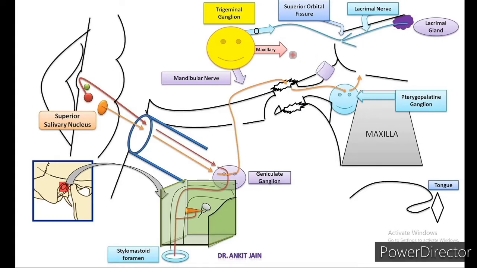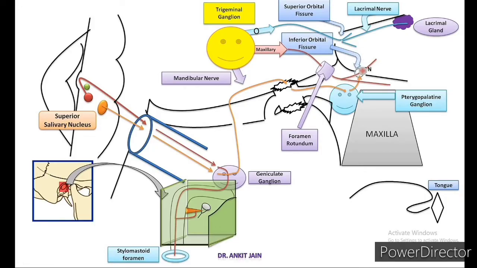The maxillary nerve passes through the foramen rotundum and enters into the pterygopalatine fossa. One of the branches of the maxillary nerve, that is the zygomatic nerve, enters the bony orbit through the inferior orbital fissure. In the lateral wall of the bony orbit, this nerve divides into the zygomaticotemporal nerve and zygomaticofacial nerve.